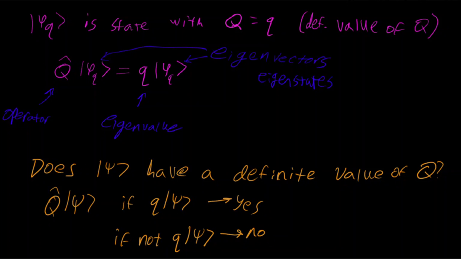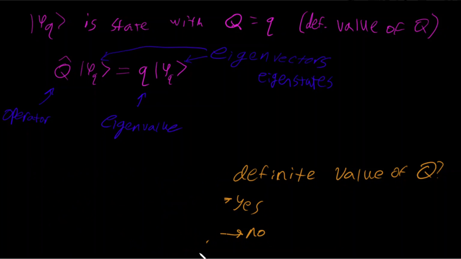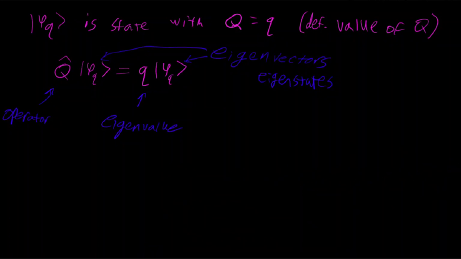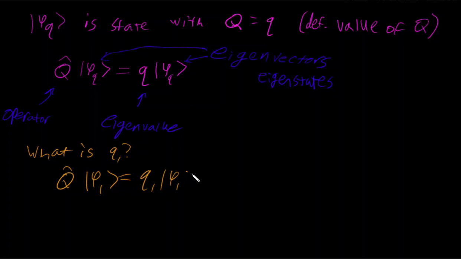We can also, say I have some state phi1, and I want to know what Q1 is. Well, I just take the operator, act it on phi1, and I'll get Q1 times phi1, and boom, I can figure out what Q1 is.